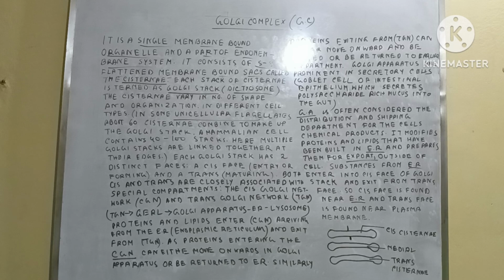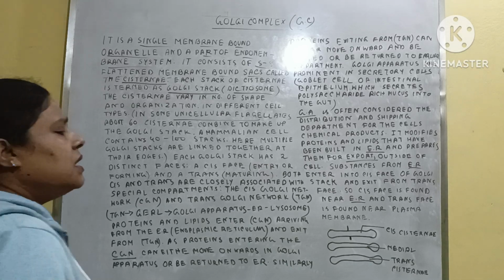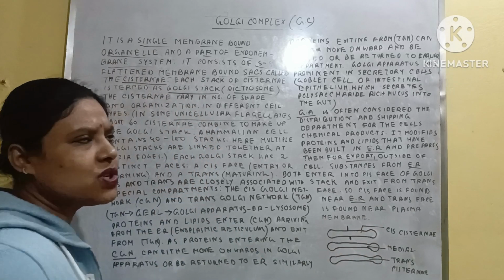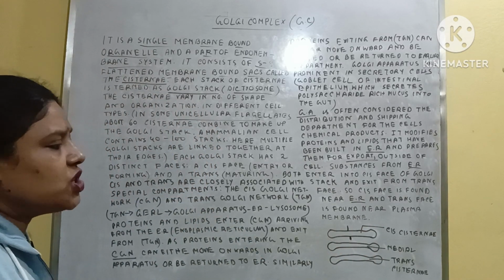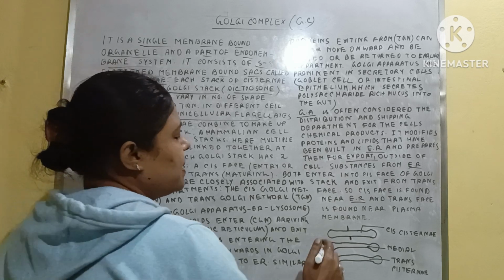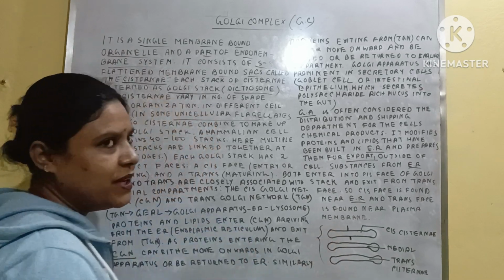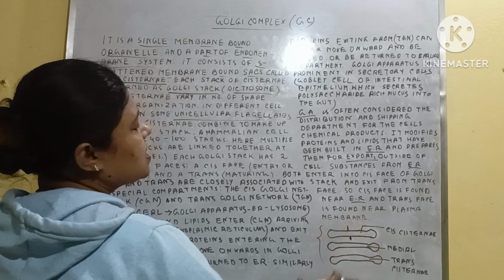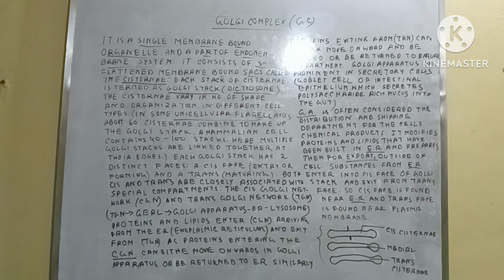The cisternae vary in number, shape and organization. Here you can see the same structural size and shape of the cisternae, but I have drawn it very roughly. Generally, the structure and shape of the cisternae are not the same.